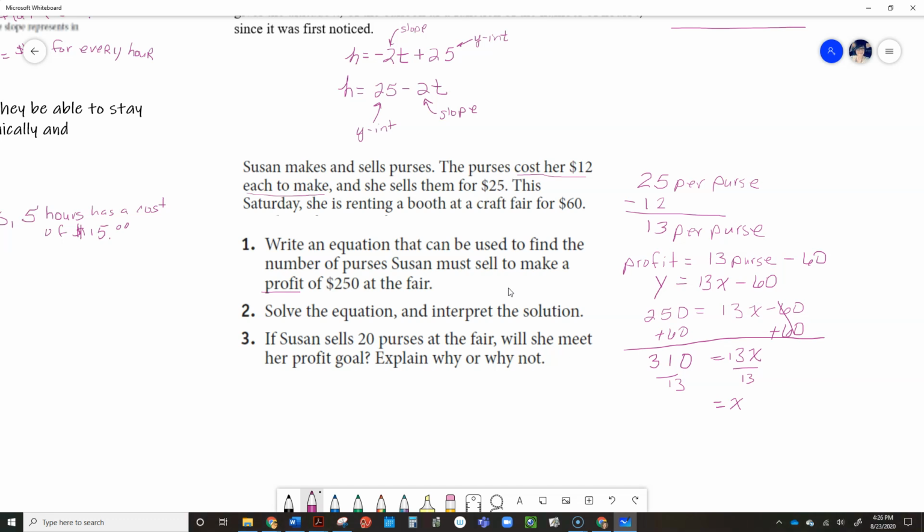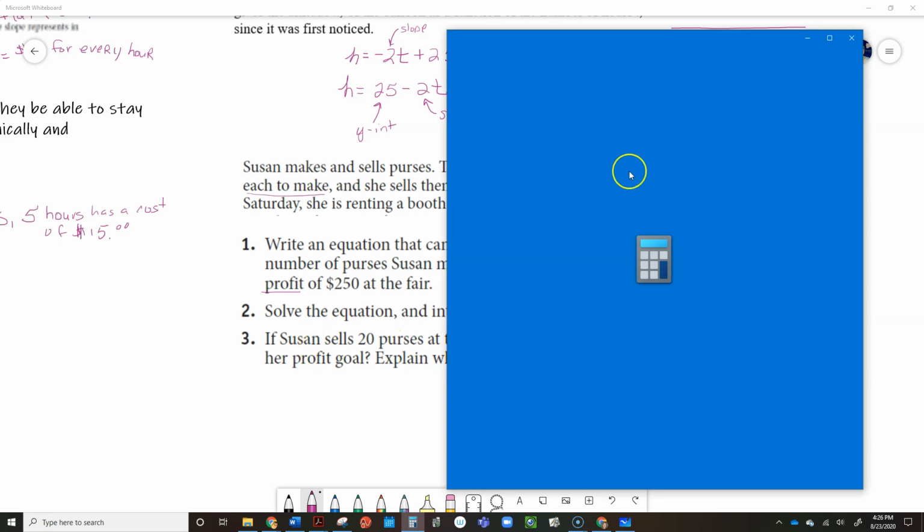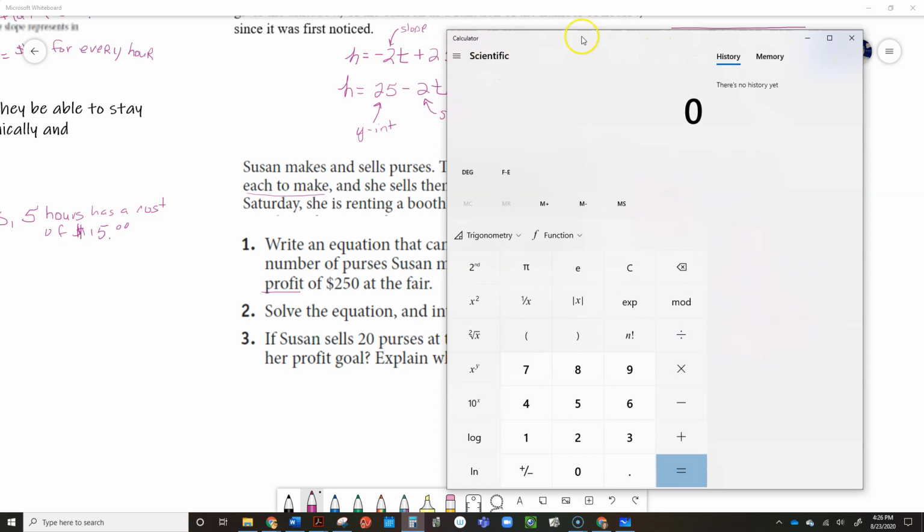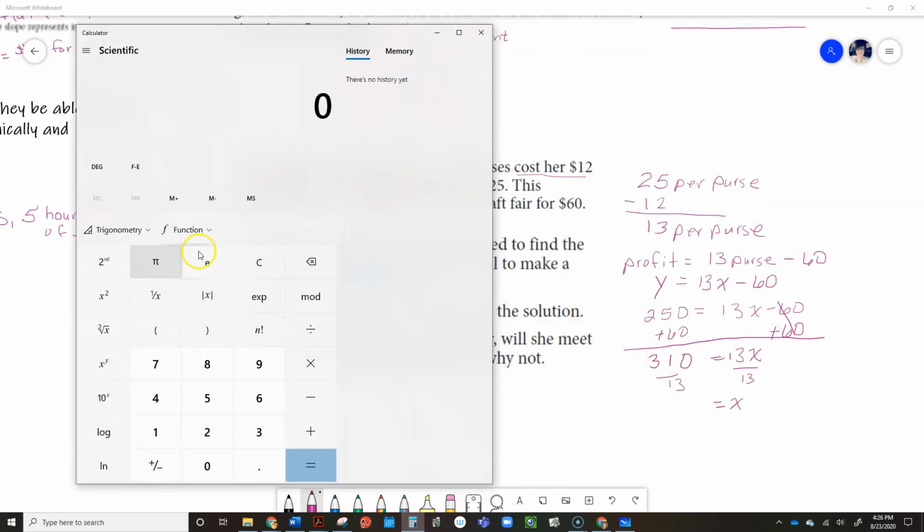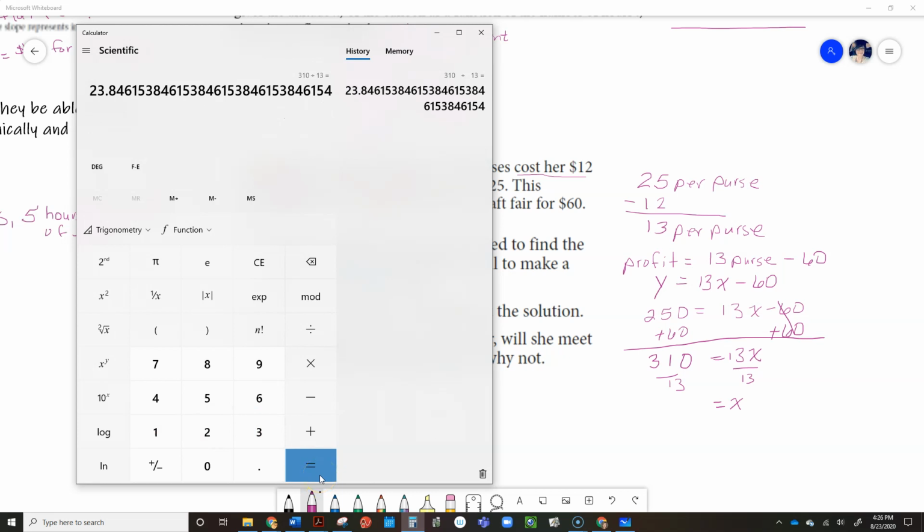So I'm taking 310 and I'm dividing it by 13, and that gives me 23.8. Okay, so let's talk about this. If I can't sell 23.8, so if I sell 23 purses, have I made enough?